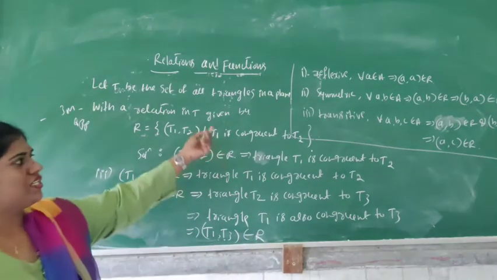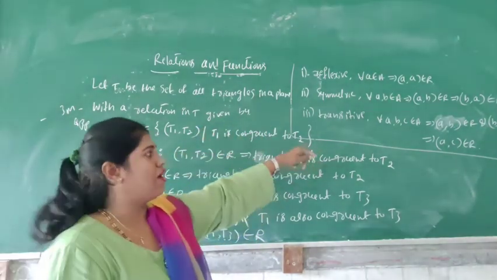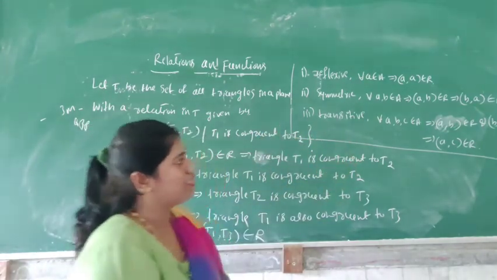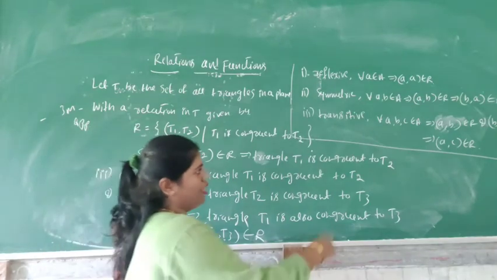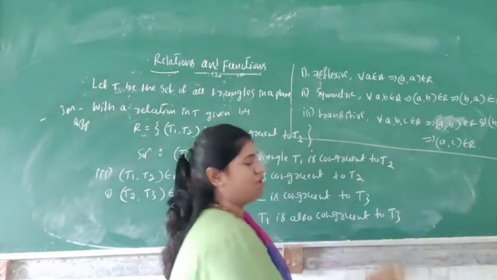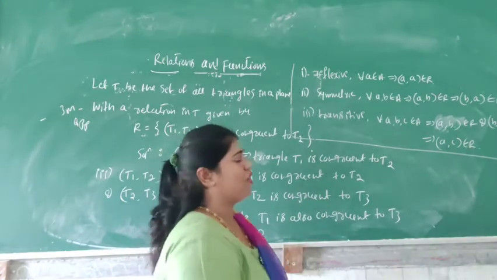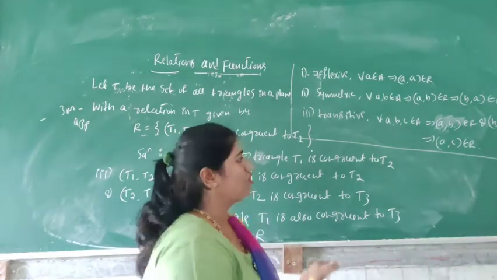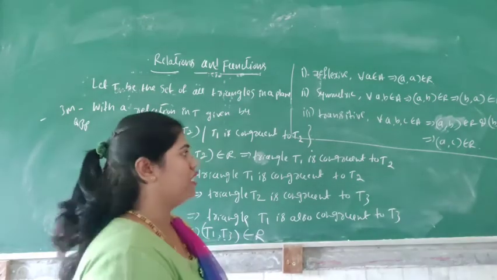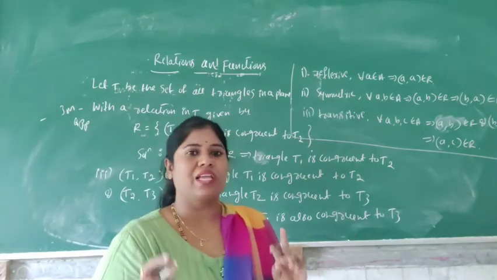You know the transitive condition: if for all a, b, c belonging to A, (a, b) belongs to R and (b, c) also belongs to R, it implies (a, c) belongs to R. This is the transitive relation condition.